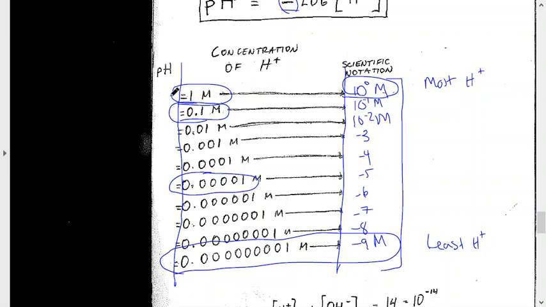All right, you should have realized that the pH for 0.1 molar is 1. The pH for 0.00001 molar was 5, and this last one down here, the pH was 9. And yep, you are recognizing a trend: 0, 1, 2, 3, 4, 5, 6, 7, 8, 9.